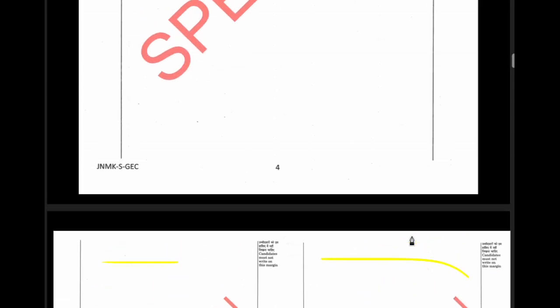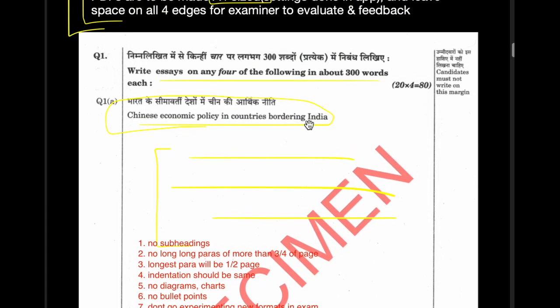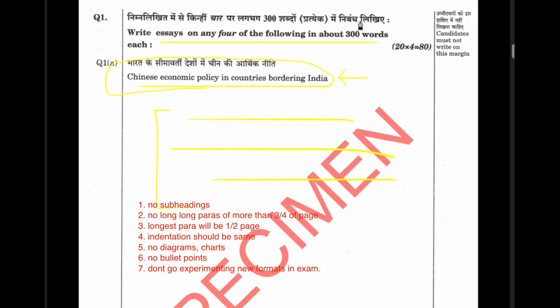When you write 250 to 275 words, you will write your point clearly, you will not deviate from your topic, your time will be saved and you will also get time to think, because writing 300 words takes time, your hand will keep moving. It will take time to write and it will take time to think, because you are going to think out of the topic of the essay to complete the 300 words.